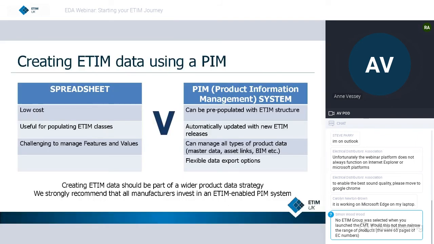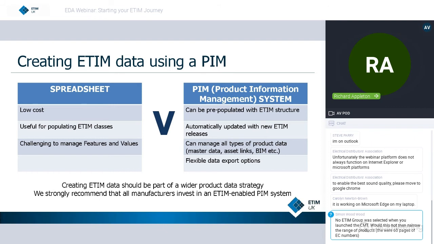Now, a spreadsheet obviously has several advantages as a way of managing data. It's low cost, it can be useful if you're doing a simple job, and lots of people know how to use it. But it can be challenging to manage the full ETIM data, the features and the values, using a spreadsheet alone.